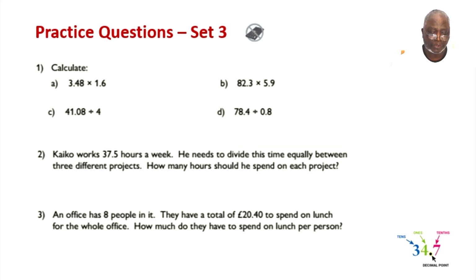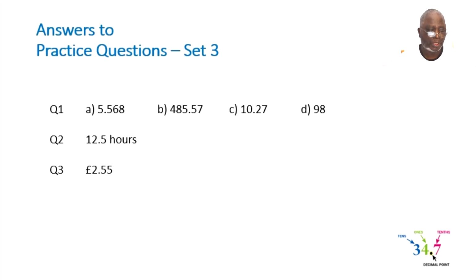They have a total of £20.40 to spend on lunch for the whole office. How much do they have to spend on lunch per person? And that is your answer for question 1, A, B, C, D. Question 2, in hours. Question 3, in pounds. Check your answer, do your corrections, and learn from it.